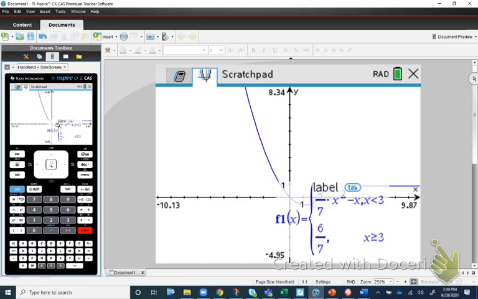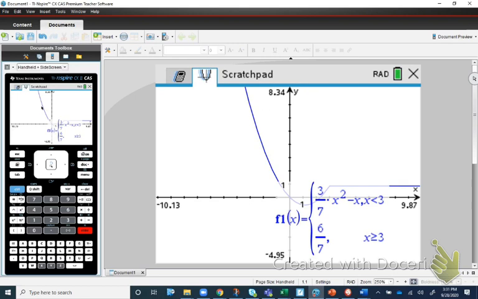Okay, so here is the function that I got, the new piecewise function, substituting the value of a into the piecewise function that was given to us. So 3/7 times x squared minus x across the domain x less than 3, and the constant 6/7 across the domain x greater than or equal to 3.